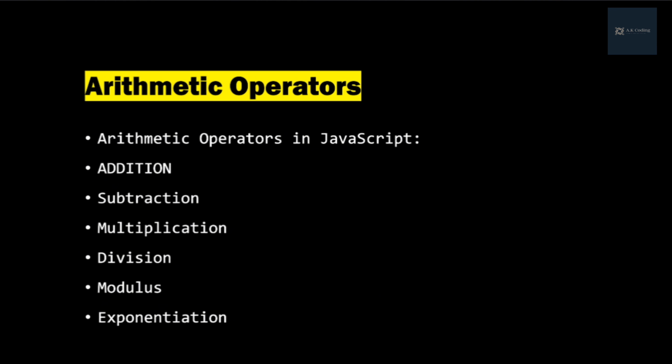So these are the basic ones we learned in math: addition, subtraction, multiplication, division, modulus, and even exponentiation. So how can we use them in JavaScript? First of all, let's go to Visual Studio Code and let's see.